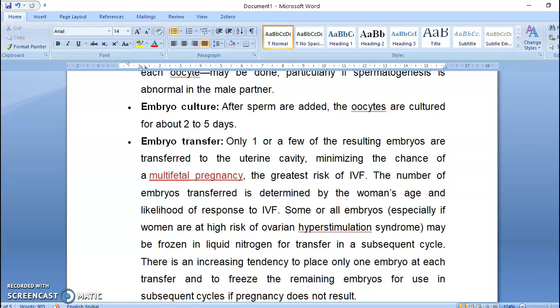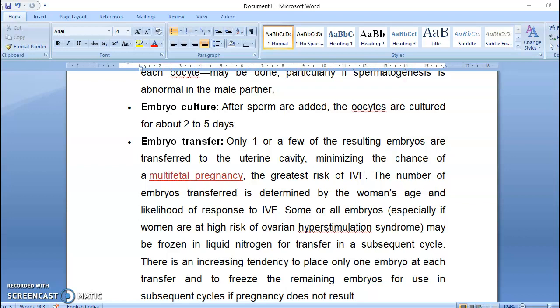Most probably twins are produced, or triplets, or quadruplets. There have been reports where 12 babies at a time, or 6 at a time, have been produced. And you might have heard about the famous choreographer Farah Khan. After IVF, she had 3 babies. Karan Johar, even Shah Rukh Khan and Gauri Khan, they also opted for IVF.